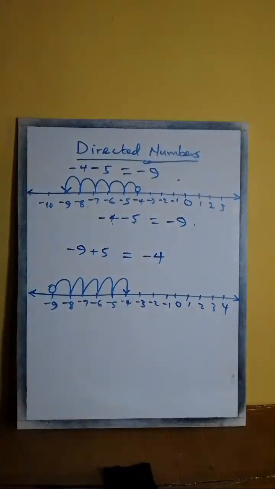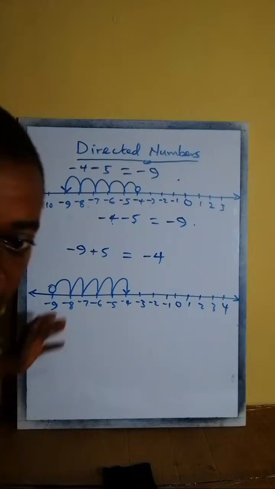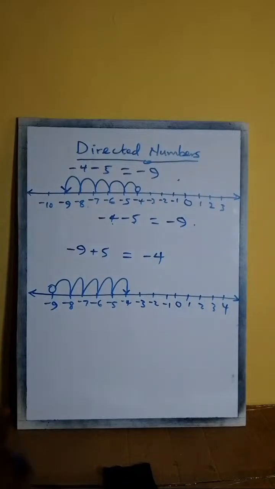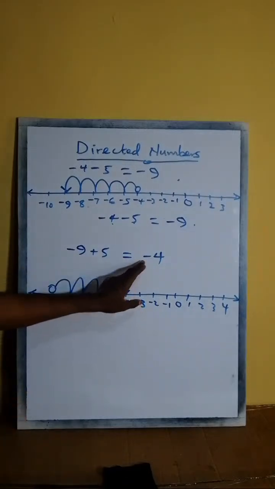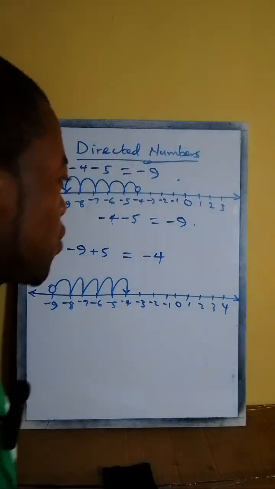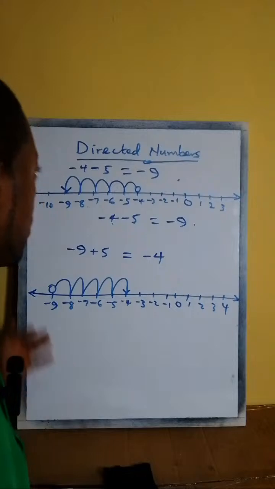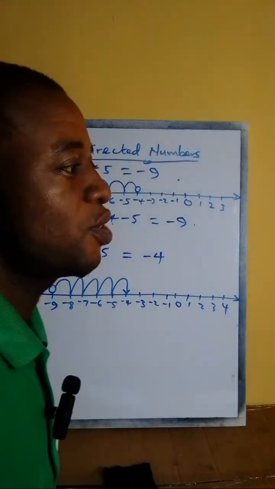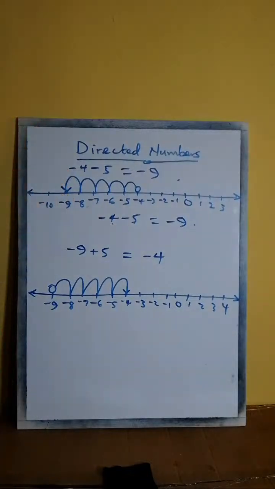So normally, if the biggest number carries a minus, you subtract, and the answer will have a negative sign, because the biggest number has the negative sign. Actually, this aspect of mathematics is very important. Whoever wants to be good in mathematics must fully understand directed numbers. That's why some students face challenges in algebra.